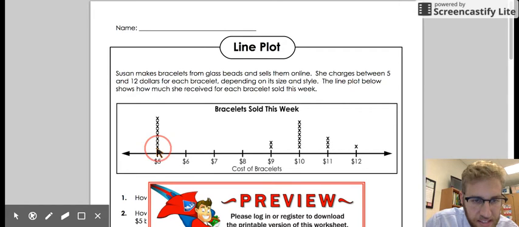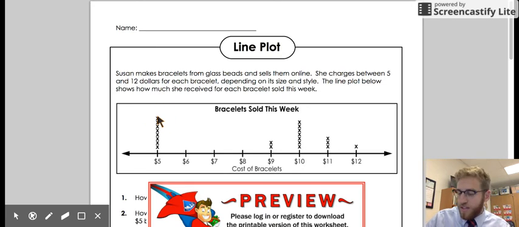So I can just count these X's. I know each one is one bracelet. So 1, 2, 3, 4, 5, 6, 7, 8. Susan sold 8 $5 bracelets. So for our answer there, we could just write 8 bracelets, so we know they're each $5.